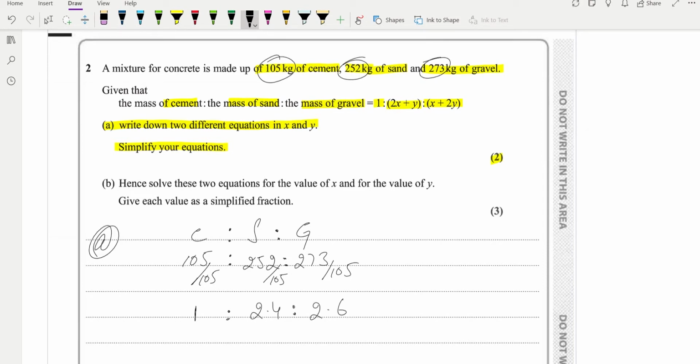So now these are the ratios, and this is in algebraic form.